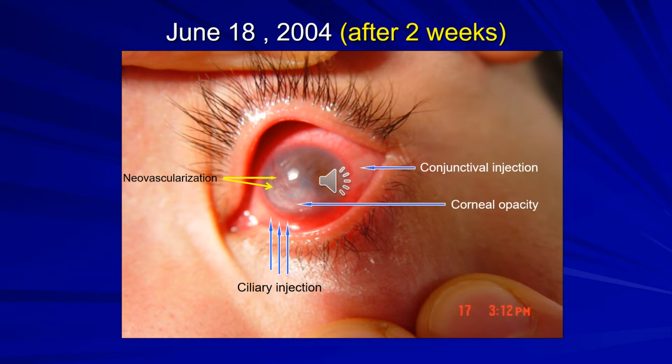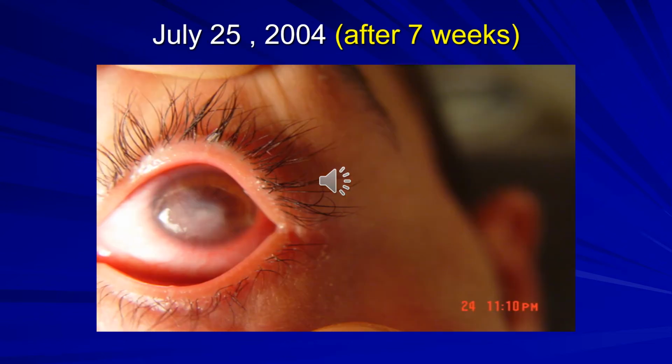Also, new vessels appear, new vascularization. 7 weeks after treatment, on June 25, the size of the corneal opacity decreased, as well as the conjunctival injection and ciliary injection.